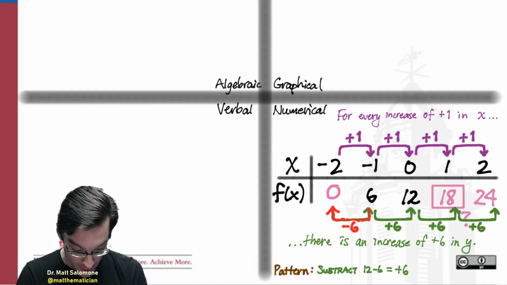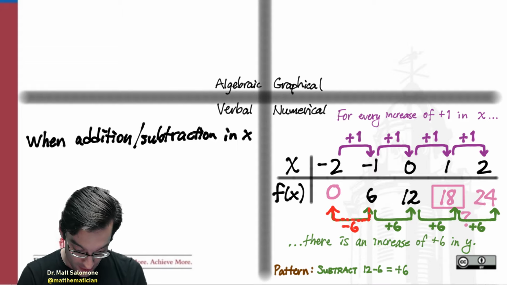So when addition and subtraction in x correlate to addition or subtraction in y, then we're going to get a relationship that is a linear function. The function y equals f of x is linear. And so its graph ends up looking like a straight line.